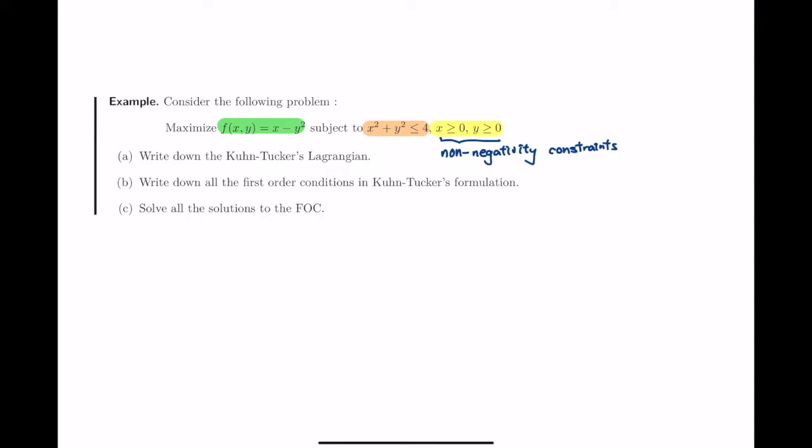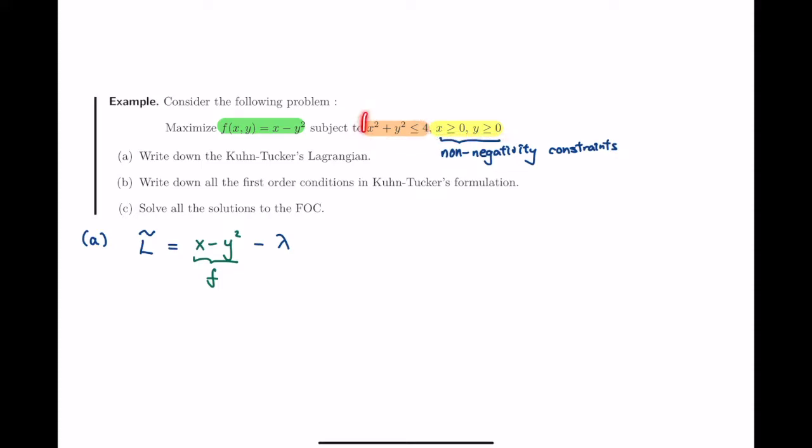And then you're asked to do this optimization problem by the Kuhn-Tucker formulation. So part A. Firstly, write down the Lagrangian but in Kuhn-Tucker version. So L tilde equals the objective function, x minus y squared, minus lambda times, okay, in this case, I have only one inequality constraint that is not a non-negativity constraint.